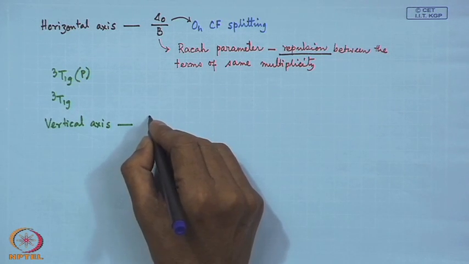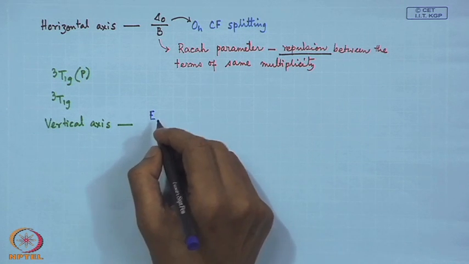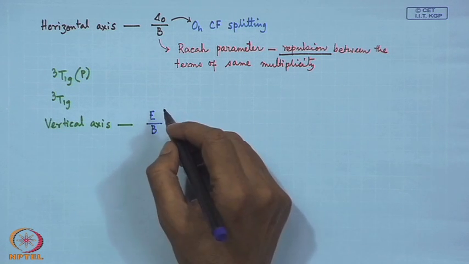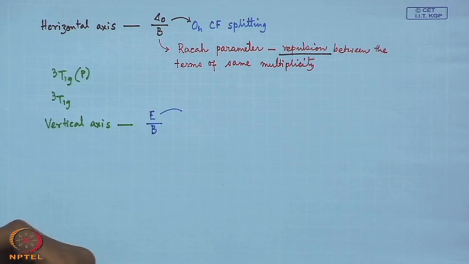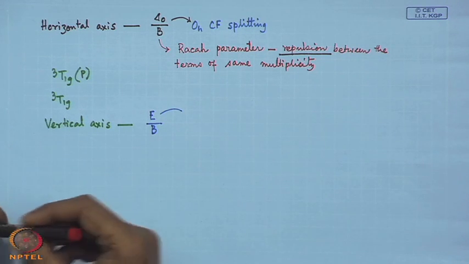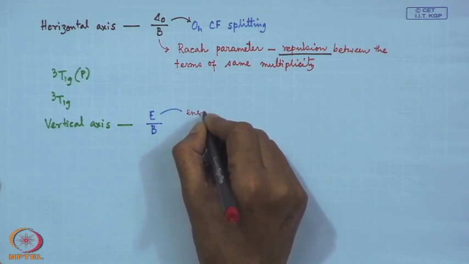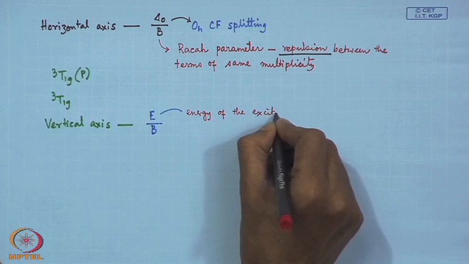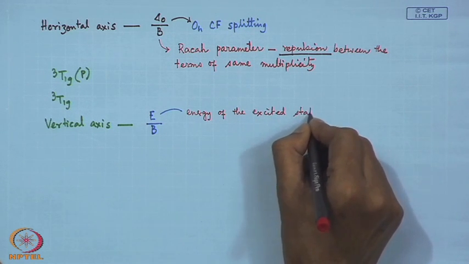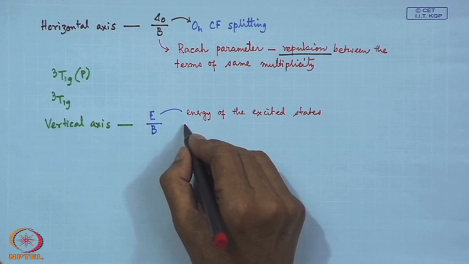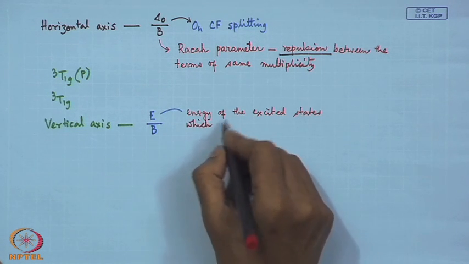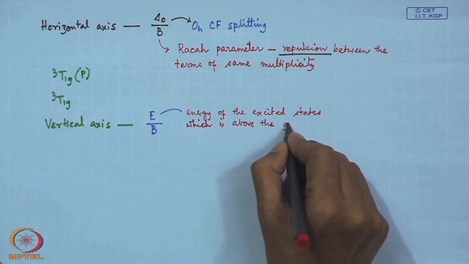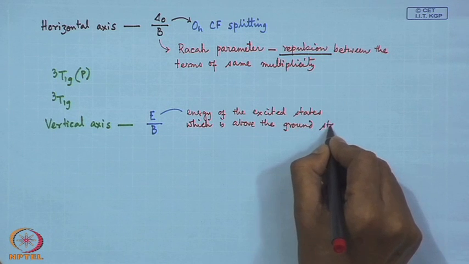It will have the energy again in terms of B, or in units of B. This is the energy of the excited states above the ground state.